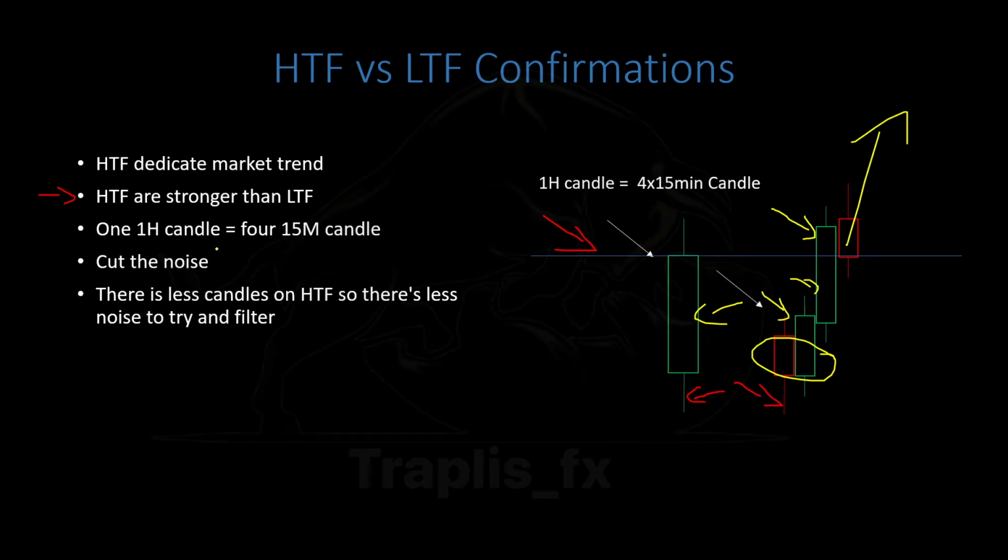If you have to wait for the higher time frames, always wait for the 30-minute or the 1 hour to close for you to decide if you're going to be taking a buy or a sell. Because, like I said, these time frames will decide what confirmations you have. The higher the time frame, the better the trade will be.